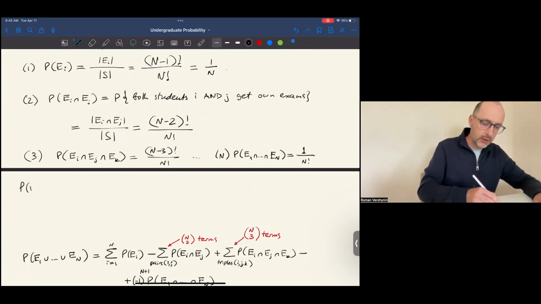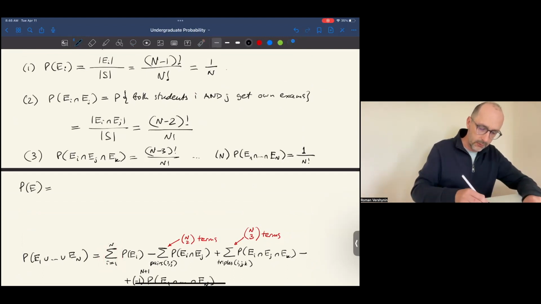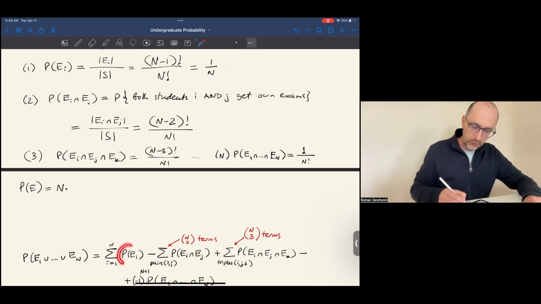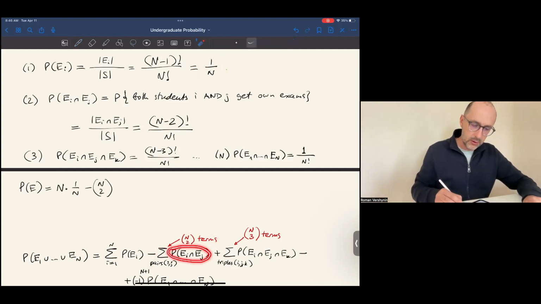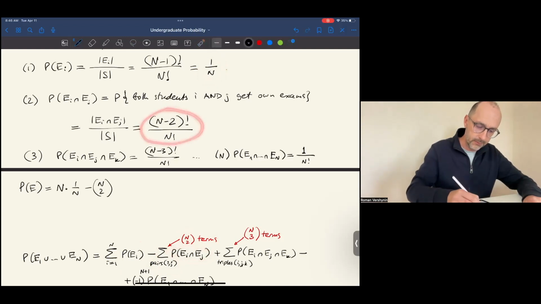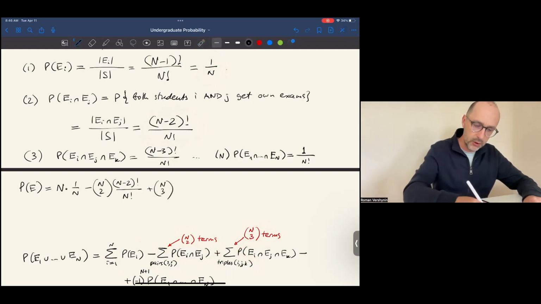The probability of E, the union, is the sum of n terms, each of which equals 1 over n, minus the sum of n choose 2 terms, each of which equals this, plus the sum of n choose 3 terms, each of which equals this, and so on.